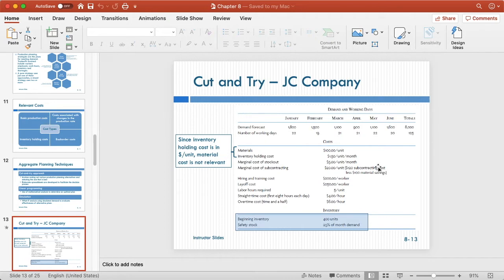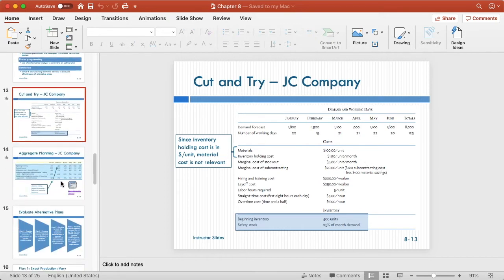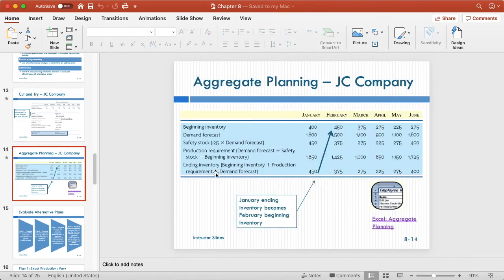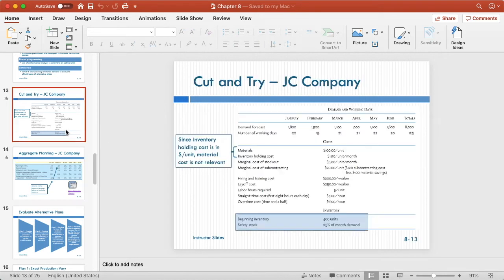So, given all this context, we will start to do analysis. But before we do the analysis for every strategy, we first do some common parts. Remember, we already told you that the beginning inventory for January is 400 units.